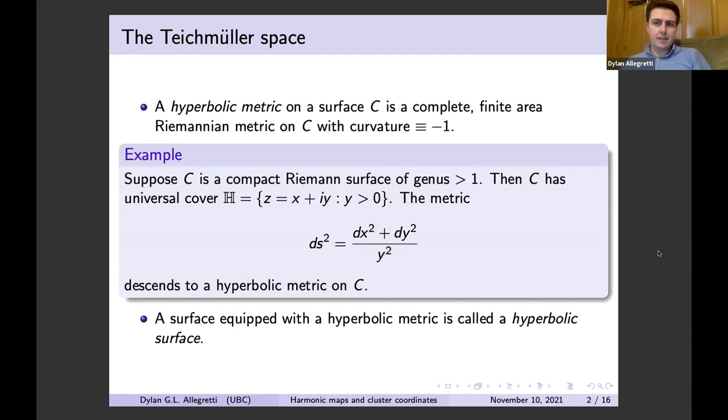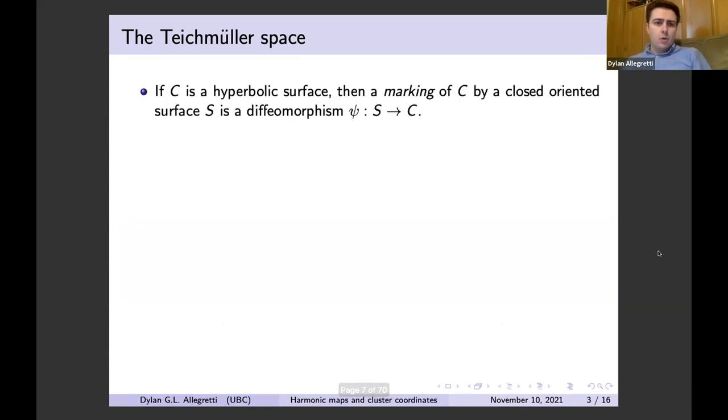So those are some of the basic definitions that will be used in this talk. We would like to consider different hyperbolic metrics on the same surface. Therefore, if we're given a hyperbolic surface, we're going to define a marking of that surface by some auxiliary surface, which I'll call S, to be a diffeomorphism between the two surfaces.